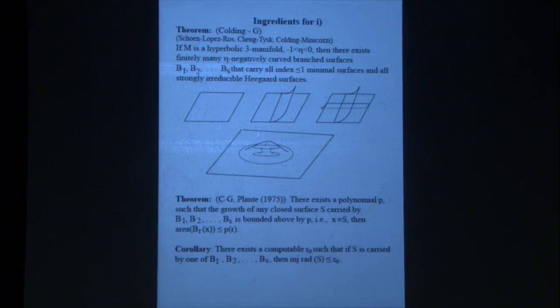When you say the surfaces are carried, is that a geometric notion? So it's just like a train track, where carried means if you take a very thin neighborhood, then any surface lies in a very small neighborhood of one of these branch surfaces, and the projection is approximately just a nice projection.